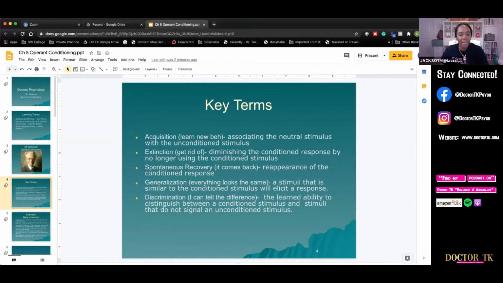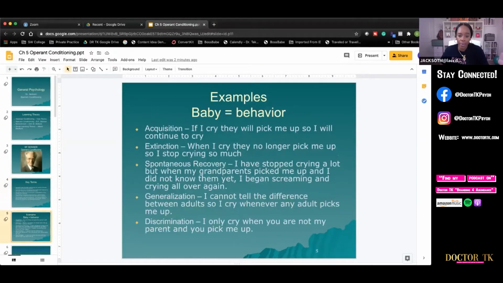And if I had not already confused you with all these words, let me just give you a real live example. If you've ever been around a baby, and I think most of us have been around somebody's baby, even if it's not a sibling, okay? So I'm going to look at a baby's behavior. I'm going to be the baby in your house, all right? Acquisition is the learning of a new behavior.